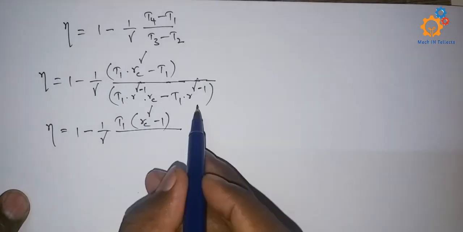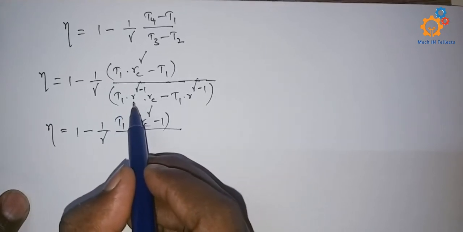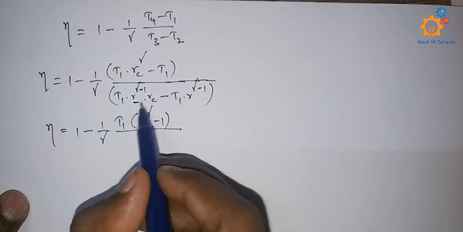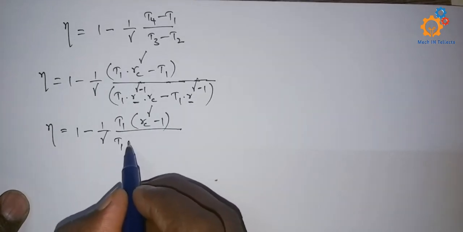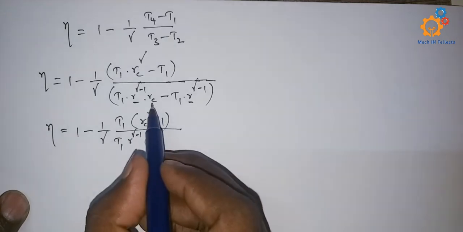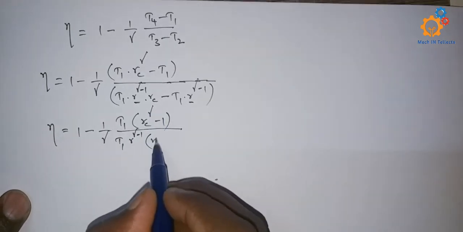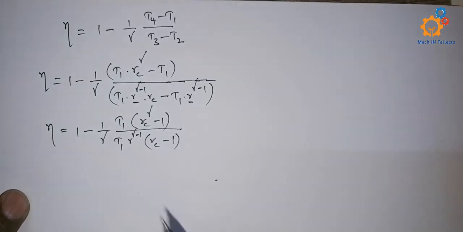And in the denominator, along with T1, I can also take the common R power gamma minus 1. So T1 into R power gamma minus 1, right? So I am left with RC minus 1 inside.